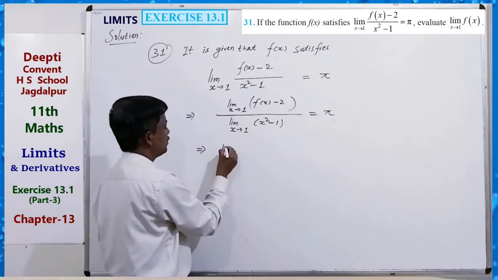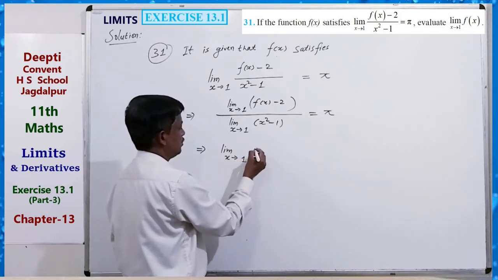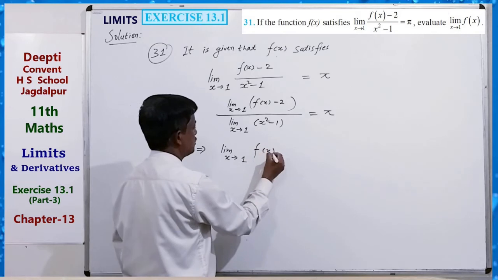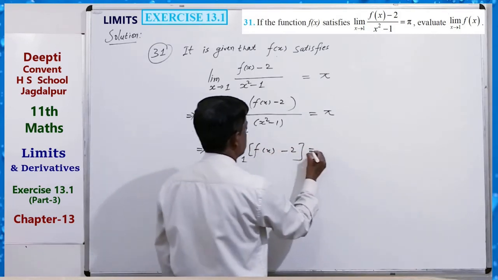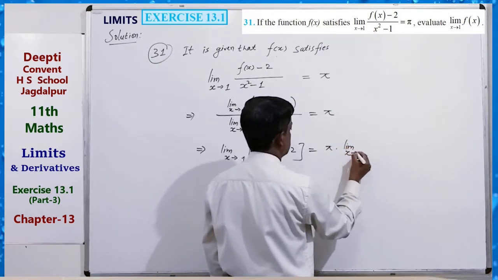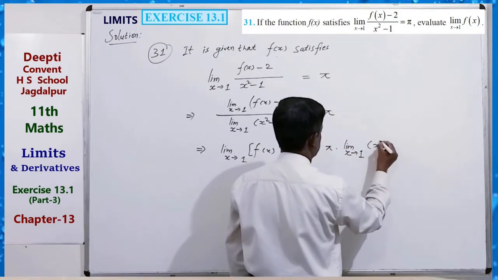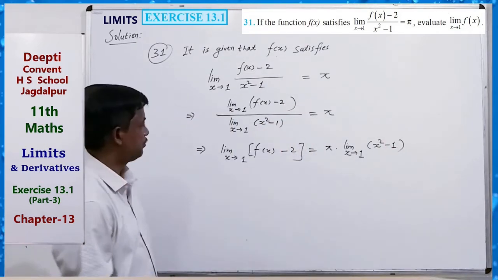So limit x tending to 1 of f(x) minus 2 equals pi into limit x tending to 1 of x square minus 1. Just transfer to right hand side.